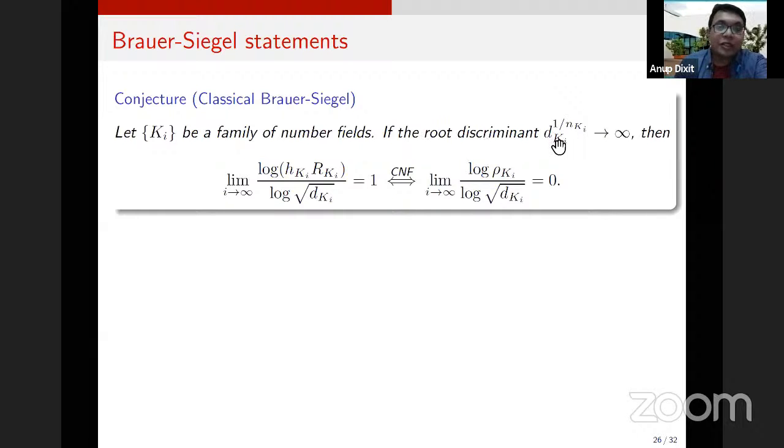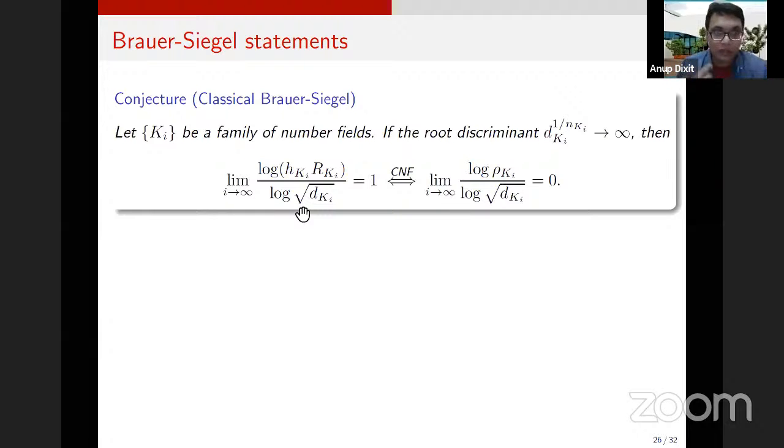That means the discriminant is growing much faster than the degree in this family of number fields. Then it says that the class number times the regulator also goes to infinity as i goes to infinity. In fact, it grows at this particular rate: log of (class number times regulator) divided by log of root discriminant goes to 1. That means log of the class number times the regulator grows exactly at the same pace as log of the root discriminant. And we know that the discriminant must go to infinity as i goes to infinity because of the Minkowski bound.